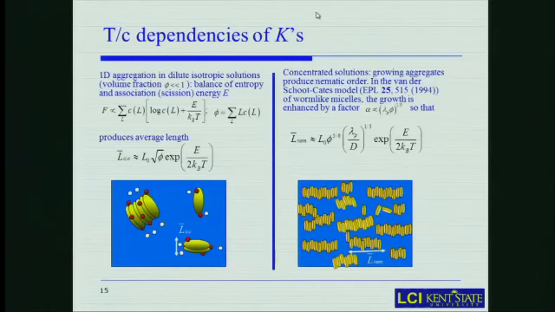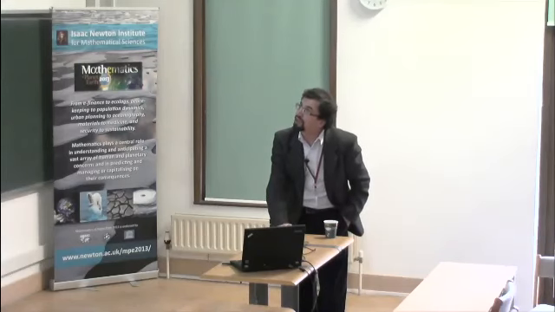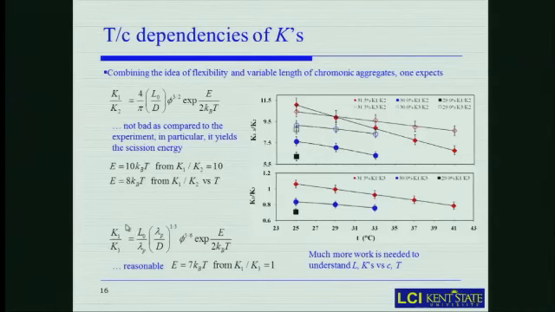And when you estimate the ratio of two elastic constants such as K1 to K3, you come up with an expression that tells you that as a function of temperature, it should drop rather strongly because K1 is associated with the contour length of the aggregates, and K3 remains practically constant since it depends on the persistence length of the aggregate.